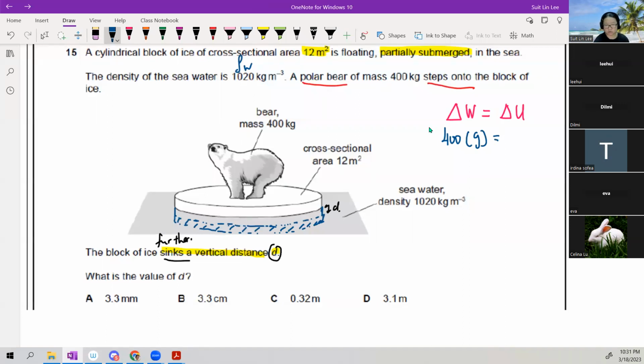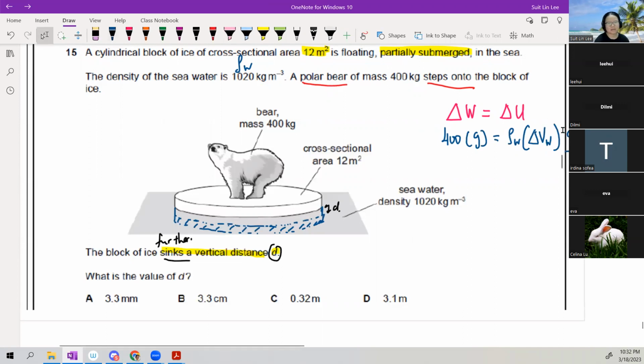What is the upthrust? Rho of water, volume of water displaced, g. But the one that has changed is not the density of the water, but the volume. Because the bear sinks some more, so the water level rises some more.